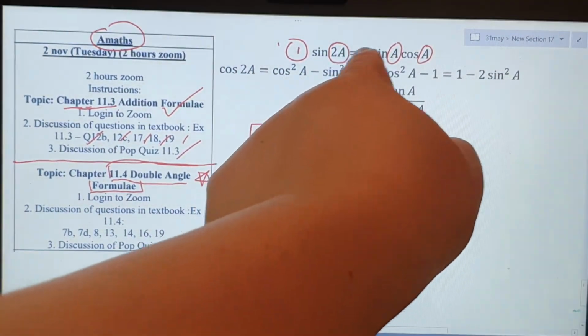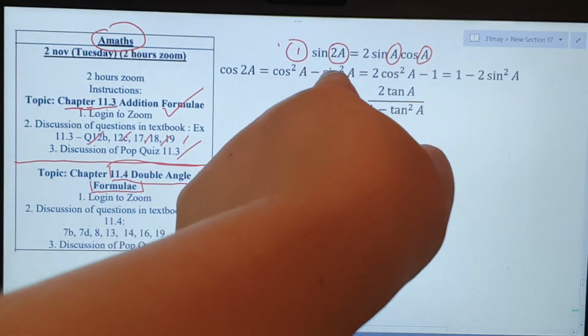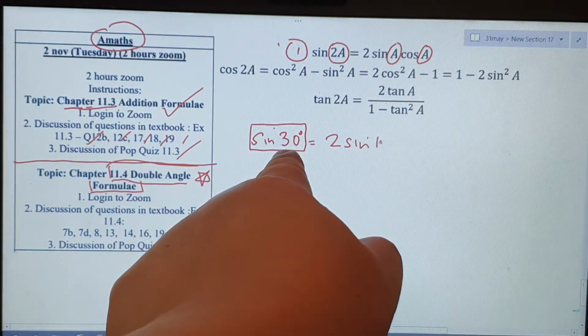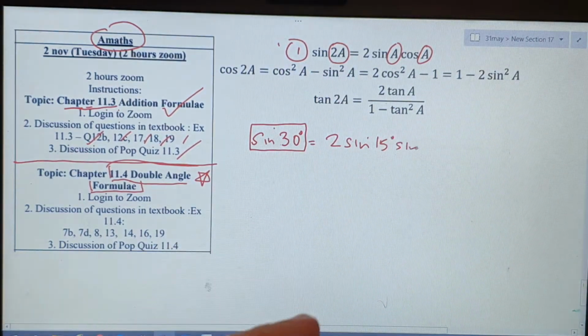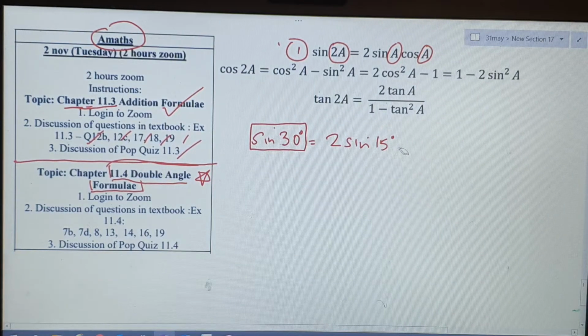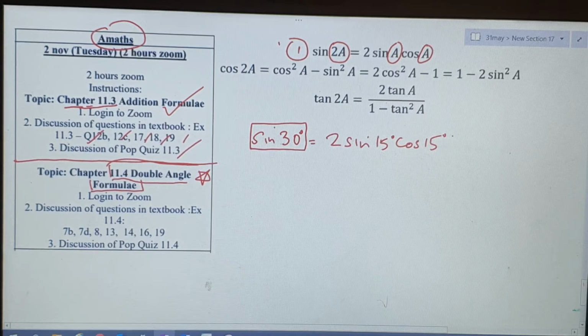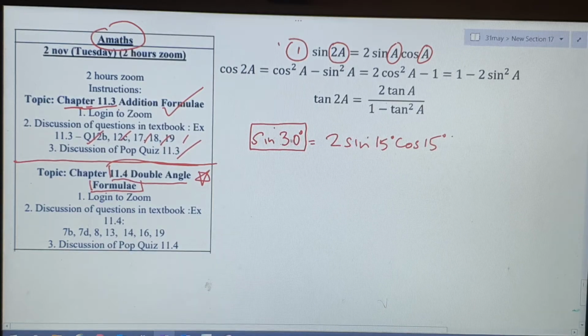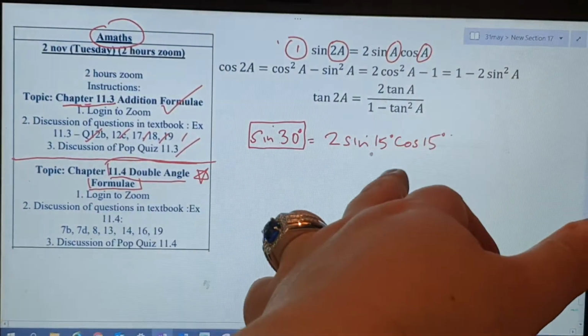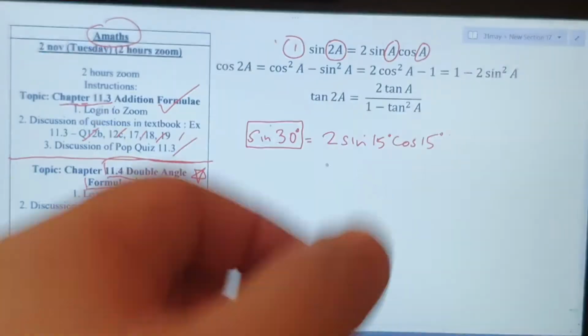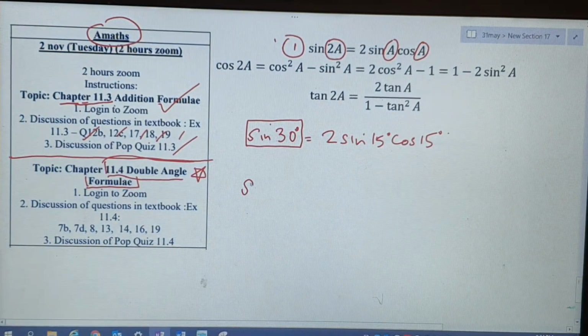It is twice of this, so this must be half of this, so it'll be 15. So that's how you use the formula. Of course, in this particular case, it's not very useful to express this as this.